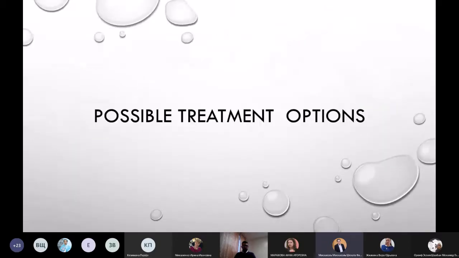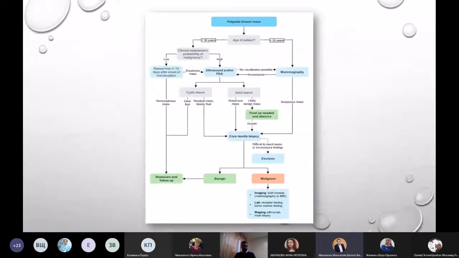If it is a solid lesion, a suspicious mass, we must go for core needle biopsy. And for a likely benign mass, we treat as needed and observe. If there is growth, we must go for core needle biopsy. And sometimes, if it is difficult to reach the lesion, we must excise it.